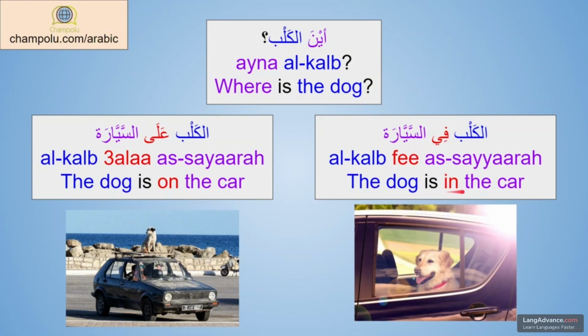The dog is in the car. So the dog is الكلب and the car is السيارة. So في means in or inside. And in the other situation, the dog is on the car. So we say الكلب على السيارة. So the dog is on the car.